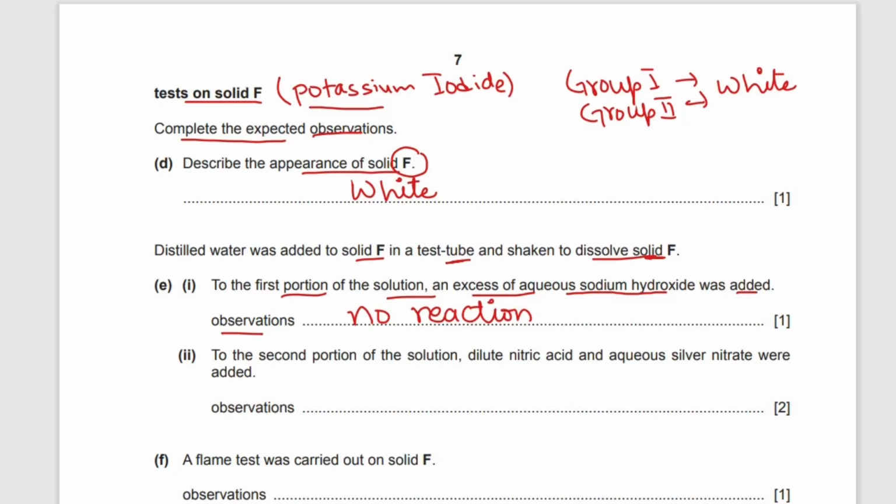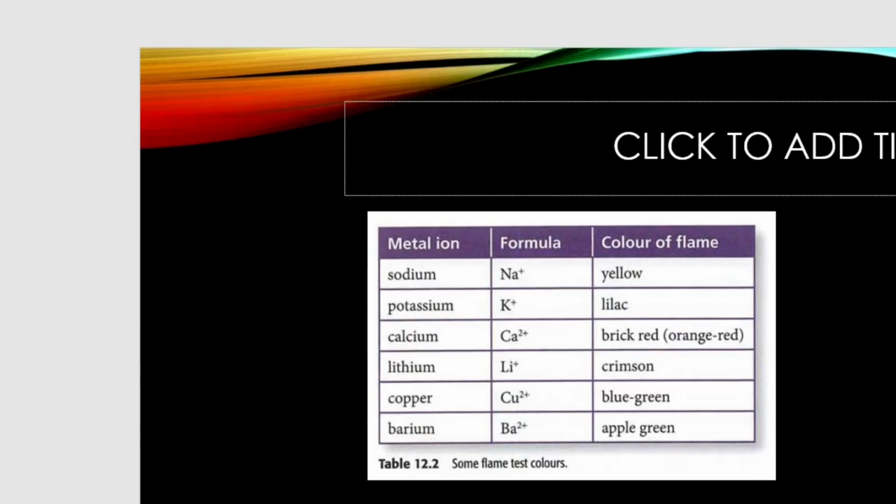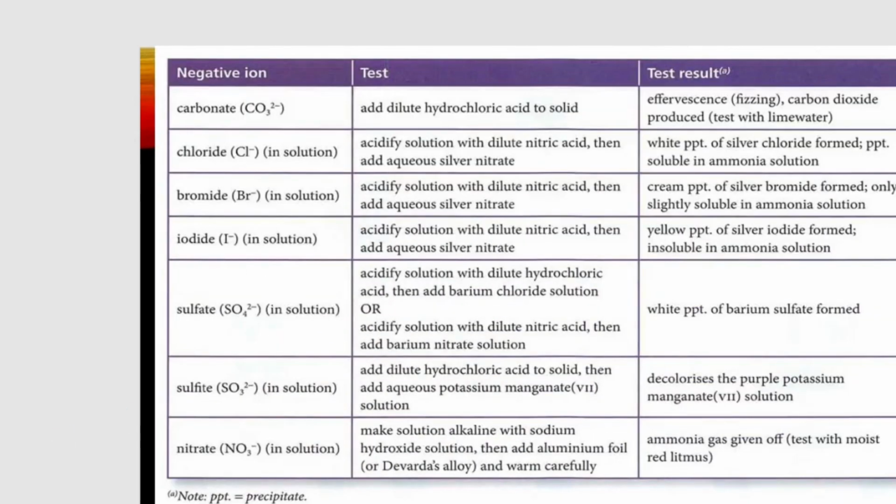Then they say to the second portion of solution, dilute nitric acid and aqueous silver nitrate. Very famous test for halide ions. Nitric acid and silver nitrate. So whenever you see this test, it is only for halide ion. Halide ion mean chloride, bromide or iodide ion. So we will learn the test first. So here is chloride, bromide and iodide ion. We test them with nitric acid, then silver nitrate. Same test for all these halide ions.